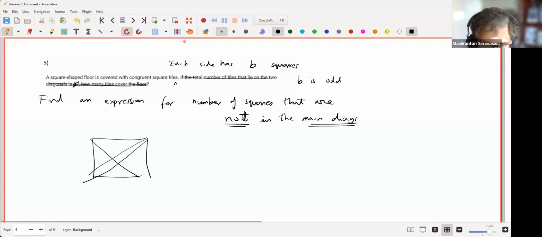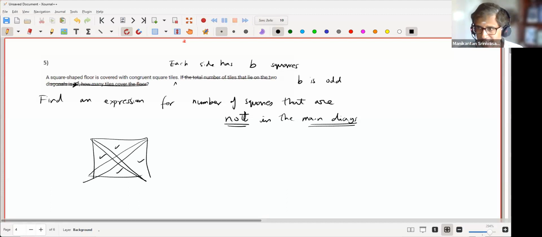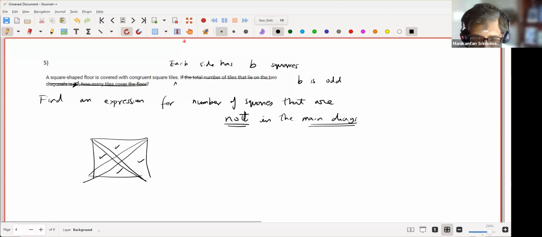Meaning leaving this and this, the rest of this, if you count all the squares, how many there will be in terms of B. Don't call out your answer, guys. Akrit, don't call out your answer. Chat me if you have one. Okay, question clear to everyone, I suppose. Yeah, Akrit, chat me if you have it.